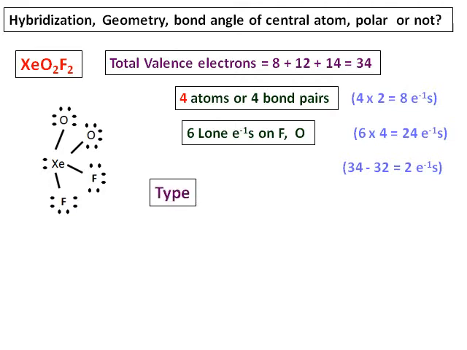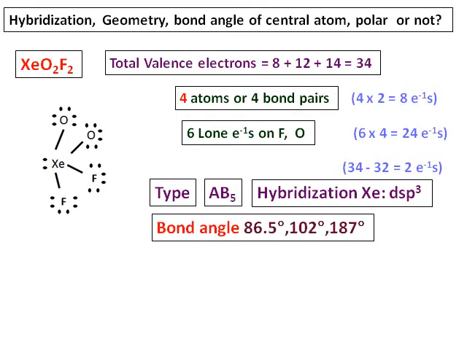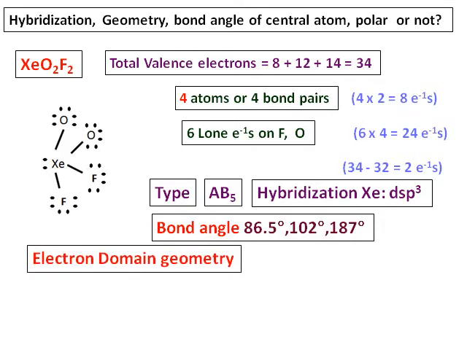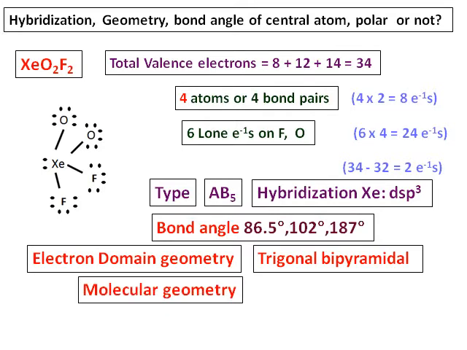So the Lewis structure will be as shown. So the type of the molecule, I have 4 bonds and then 1 lone pair, and hence it will be AB5, and the hybridization is dsp3. And then the bond angles for a dsp3, this will be a seesaw type of molecule, so the bond angle will be as shown. Electron domain geometry is trigonal bipyramidal.